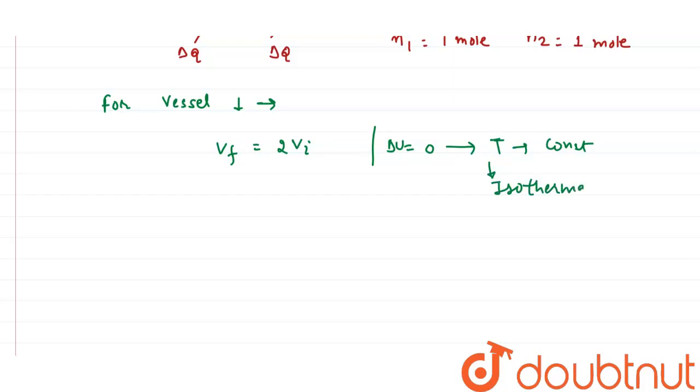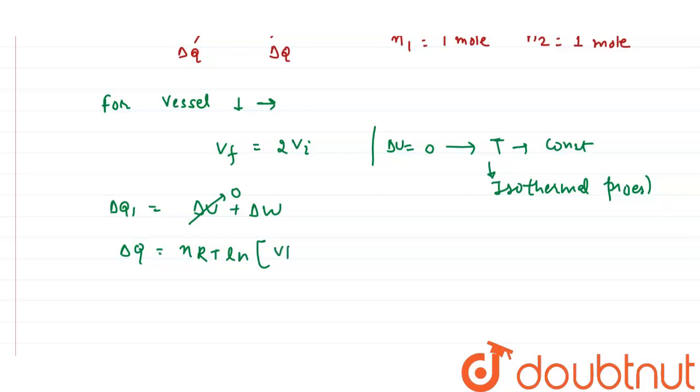Isothermal process. And for the isothermal process, we are going to apply the first law of thermodynamics, and this law is delta Q1, because it's for vessel 1, equals delta U plus delta W. Delta U is 0. Now delta Q1 equals the work done, and the work done for an isothermal process is given by nRT log V final upon V initial.